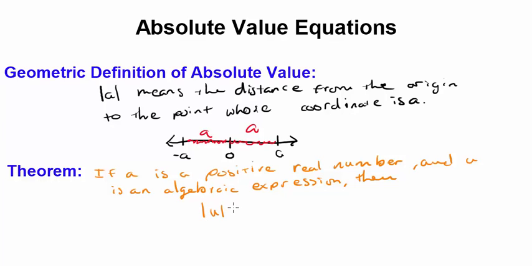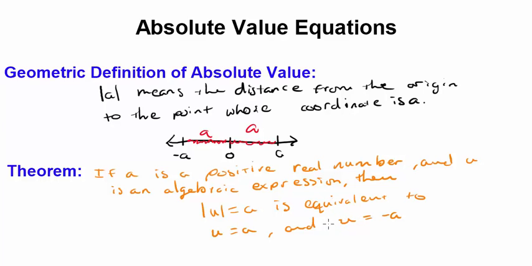The absolute value of U is equal to A is equivalent to U being equal to A and U being equal to the opposite of A.